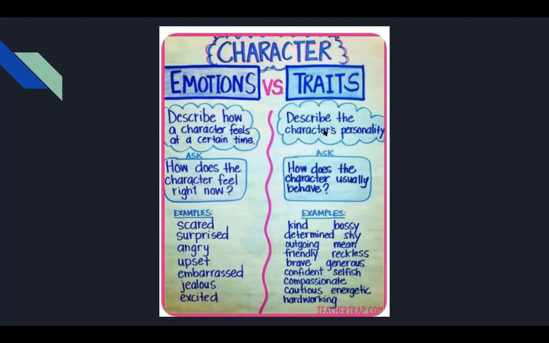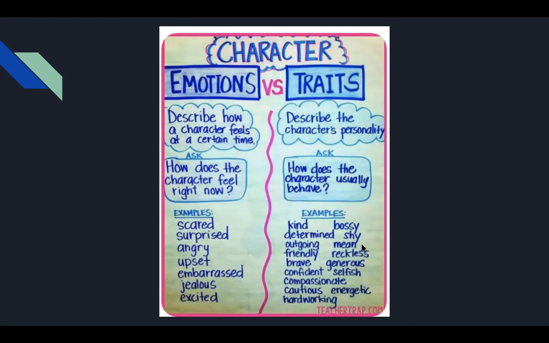Traits are different. Traits describe the character's personality. How does the character usually behave? Meaning, what patterns are they showing? Examples of these are kind, bossy, determined, shy, outgoing, mean, friendly, reckless, brave, generous, confident, selfish, compassionate, cautious, energetic, hardworking. We have all said that we would give Opal a character trait of kind-hearted or big-hearted.